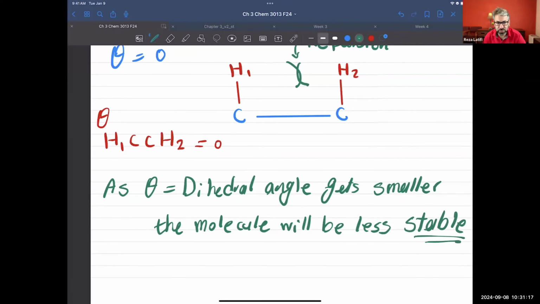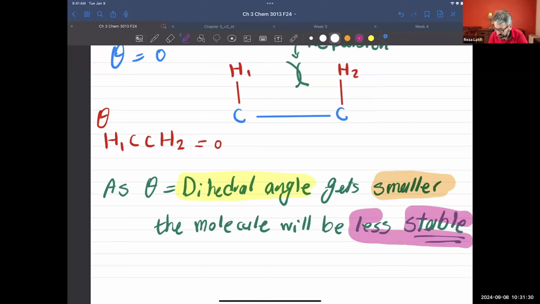Be careful about it. As the dihedral angle gets smaller, the system will be less stable.